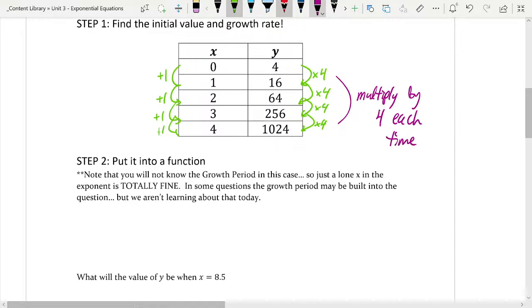So that means I can start to build my equation. We're going to have y equals, and then some number, and then we're going to multiply it by 4 each time. And then, interestingly, I put f of x. That's fine. In fact, that's better. That's what we've been doing, right? I like that better.